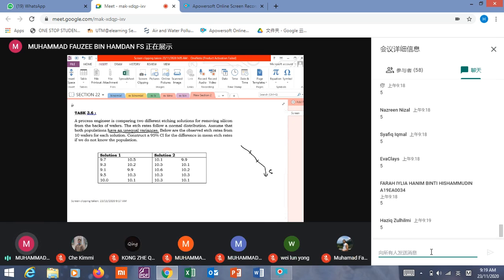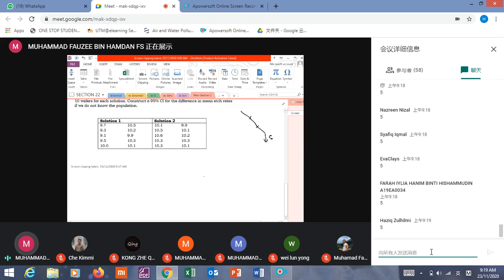So if you look at case number 5, this is the formula. t equals x bar 1 minus x bar 2 minus mu 1 minus mu 2, over the square root of s1 squared over n1 plus s2 squared over n2.